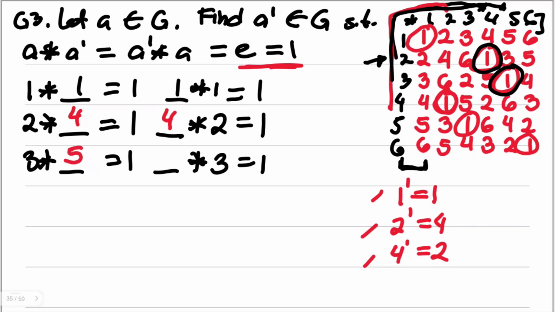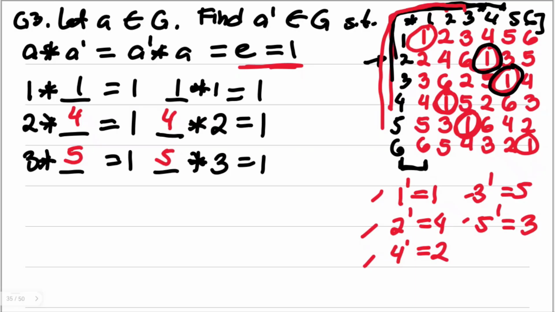Let's find out if 5 star 3 will be the same. Yes, 5 star 3 is also equal to 1. So with this now, we can say that the inverse of 3 is 5, and the inverse of 5 is also 3. So we have 5 elements already, or 5 inverses for the 5 elements.